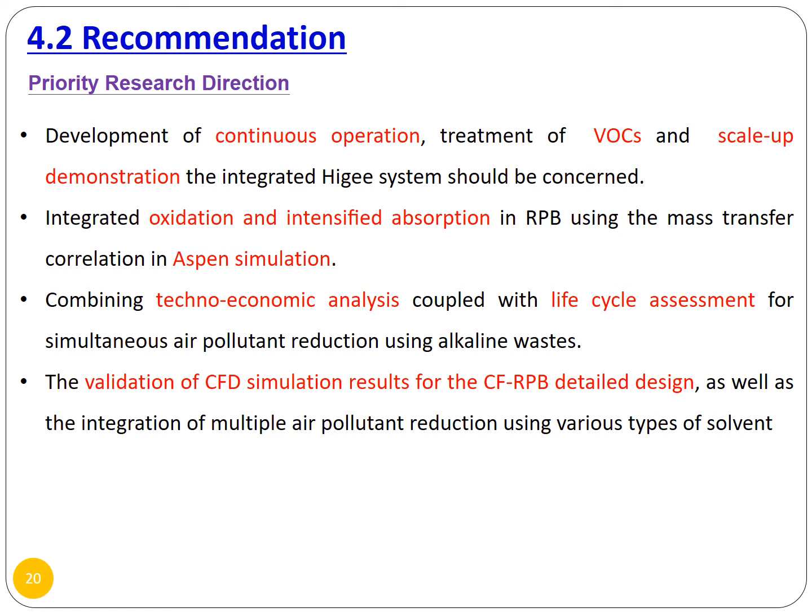And finally, we want to combine different tools, such as techno-economic analysis or life cycle assessment, and also CFD simulation. Based on these useful tools, we can understand the reactor design more, and we can develop more high-efficiency high gravity reactors.